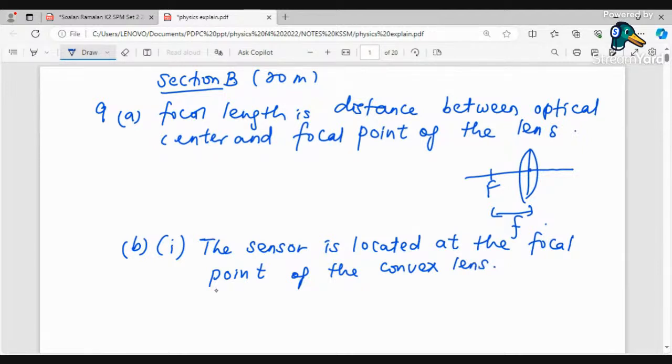It has a very short focal length, about 2 millimeter. That's why your handphone is very thin, the camera can be made very thin. The sensor is about 2 millimeter from the convex lens.